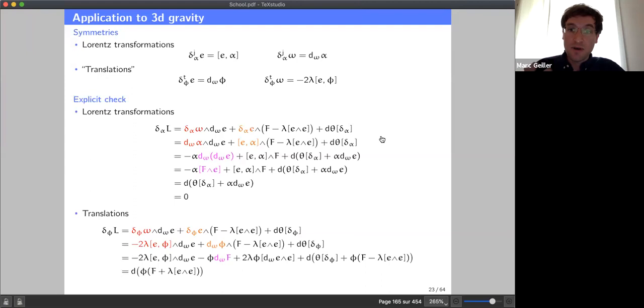Since we are evaluating the variations to be gauge transformations, we also have to evaluate the symplectic potential on a gauge transformation, which is what I denoted by theta with the gauge transformation delta alpha. And now if we just take the symplectic potential that we had on the previous slide, so delta omega wedge E, we take delta to be a gauge transformation delta alpha, and then you will see that this boundary term identically cancels. So that's the last step of the calculation here.